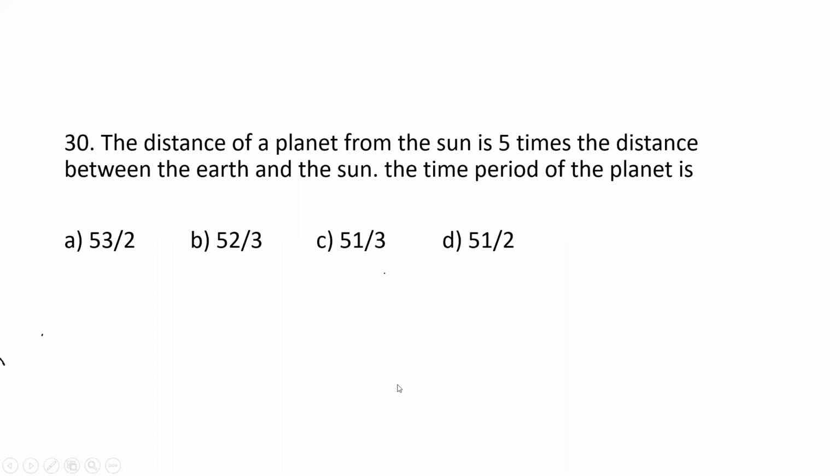Then the next question. The distance of a planet from the sun is 5 times the distance between the Earth and the sun. The time period of the planet is. So here we need to calculate the time period of the planet. So how to do this?